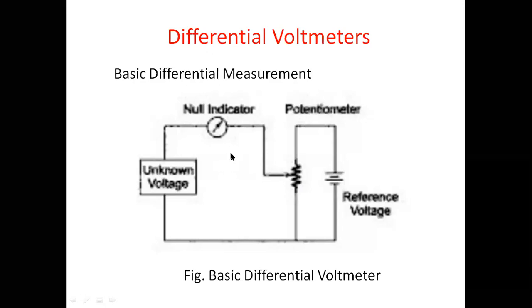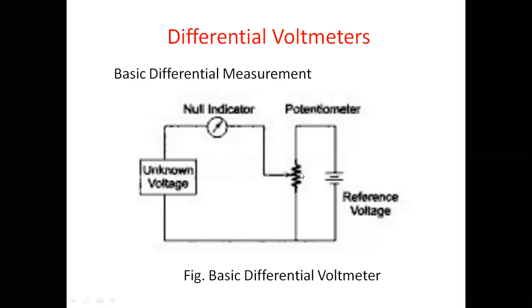In the null condition, we change the potentiometer until the indicator shows the 0 value. It means both voltages are compared and the indication is 0. So the value of the reference voltage at which this indicator shows 0 indicates the unknown voltage value.